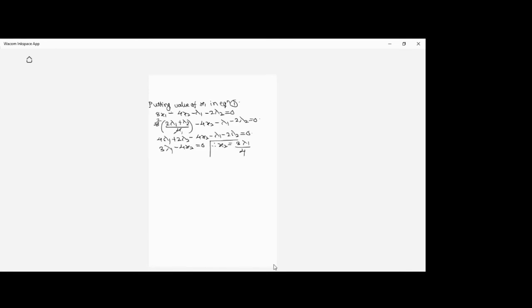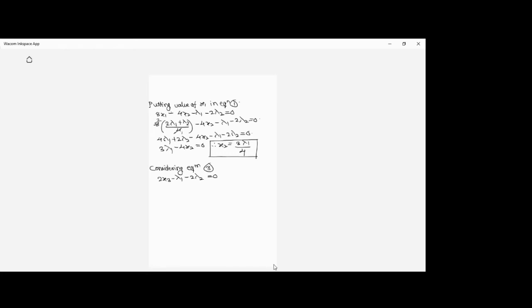So what I have done is I have found out the value of x1 and x2 in terms of lambda 1 and lambda 2, right? So now considering equation 3, I will also have to find out the value of x3. I'll be writing the equation 3. That is 2x3 minus lambda 1 minus 2 lambda 2 is equal to 0.